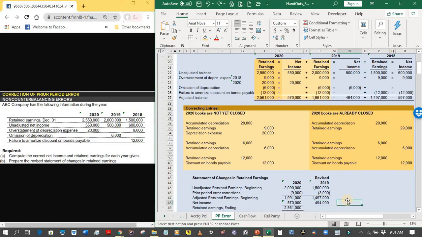So that the total of 1,497,000 plus 494,000 pesos is the adjusted retained earnings at the end of 2019 for 1,991,000 pesos. And based on our table, that is the adjusted balance of ending retained earnings in 2019.